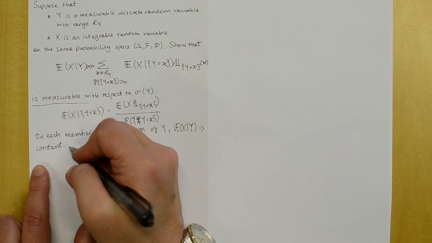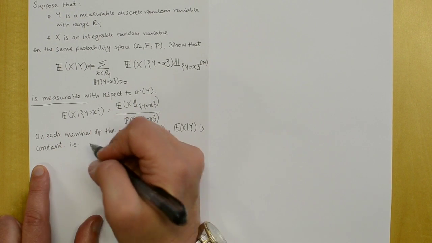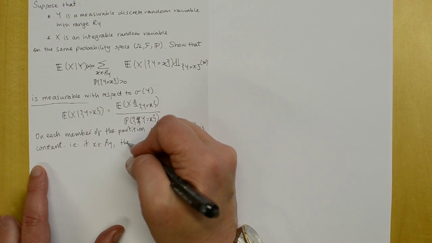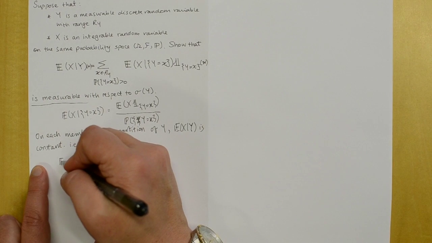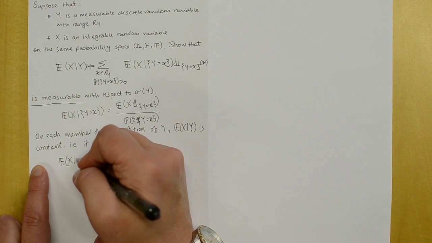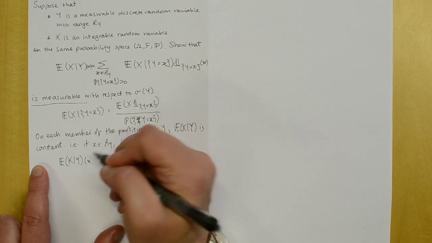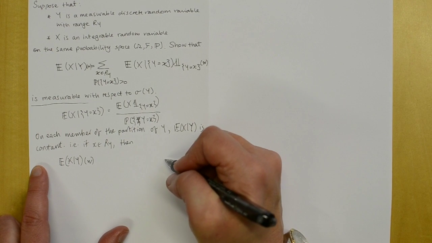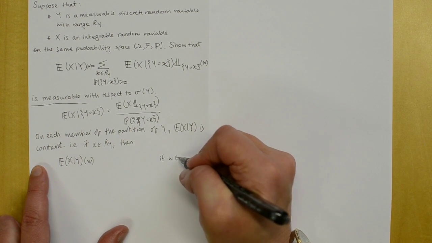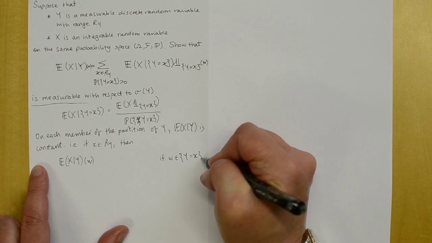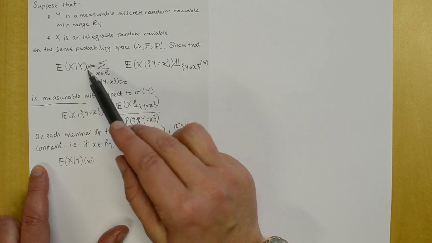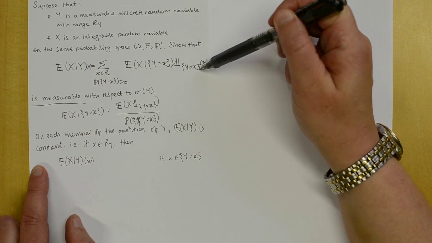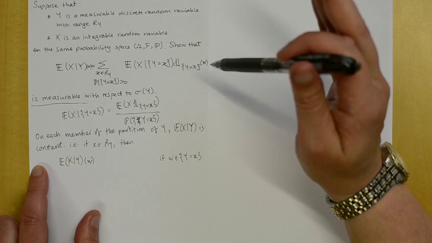What I mean by that is, in other words, if x is in the range of y, then we have the expected value of x given y applied to omega. If you imagine that omega is in the event y equals x, then if we plug such an omega into this equation, you'll find that the indicator function is 0 for all the other x's, except for this one x.